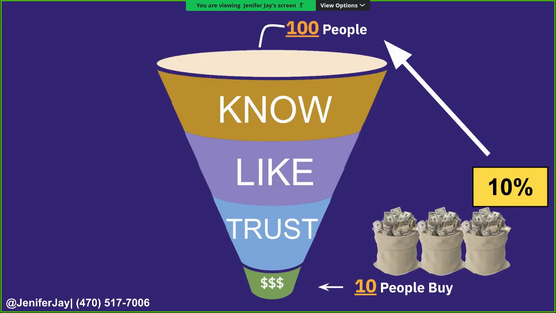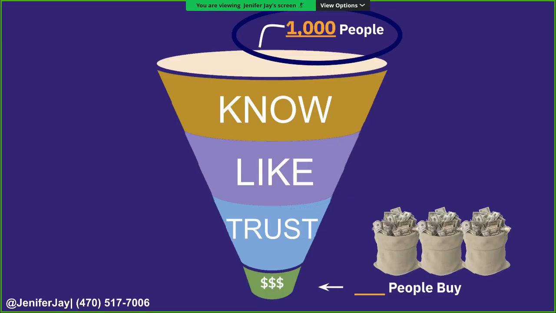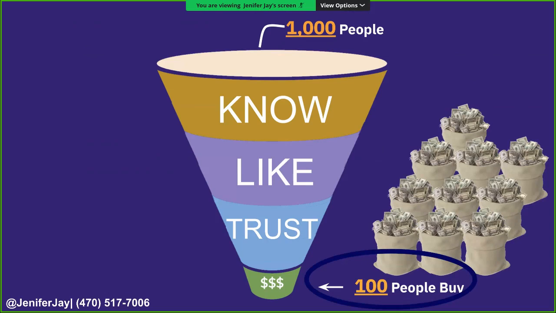So if we want better outcomes, we have to increase the number of people who are aware and who are going to likely come through our know, like, and trust funnel process, right? So let's just say we ask 1,000 people. How many people will buy? If we're converting at 10%, 100 people will most likely buy, right?